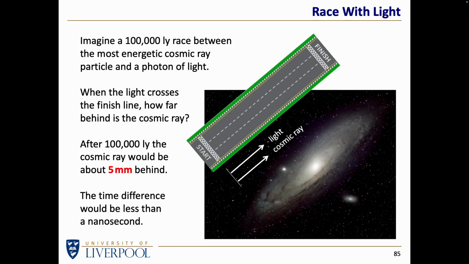So these things are flying through the universe incredibly close to the speed of light, having been accelerated by a mechanism that we really don't understand, and we don't even know where that mechanism is operating. Is it supernovae? Is it black holes? Is it something else? So let me just summarize.